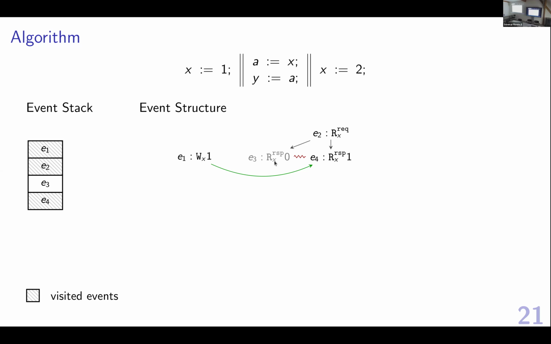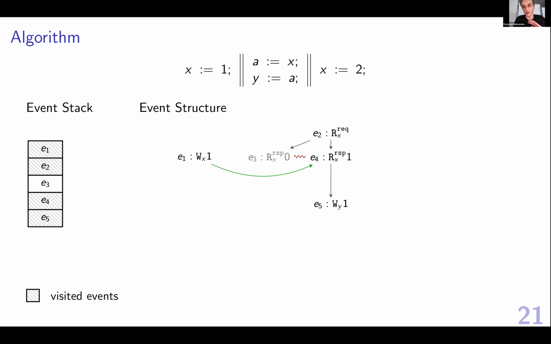So for each option to read from, we add a corresponding response event. And we pick one of them to visit in the current execution, and the rest stay on the stack, which means we are going to get to them later. We just remember that there was this option and we will consider it later.